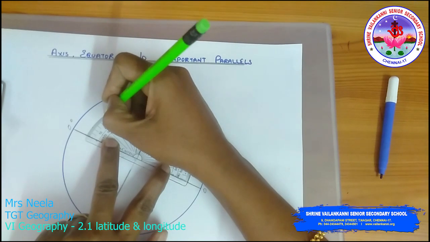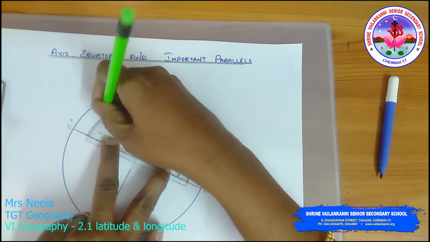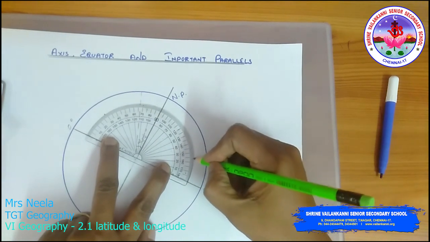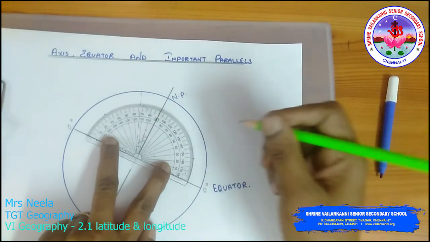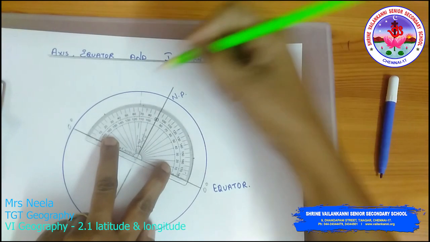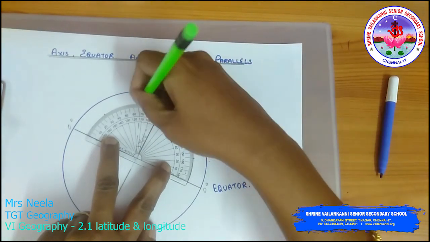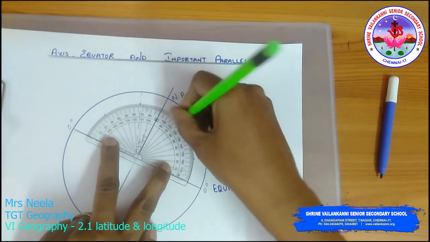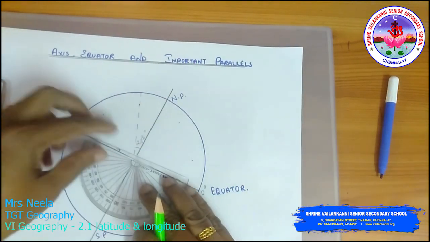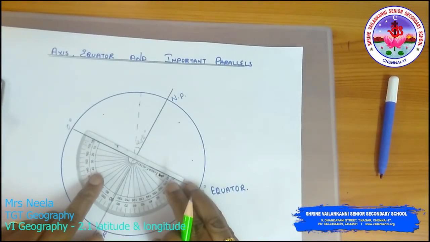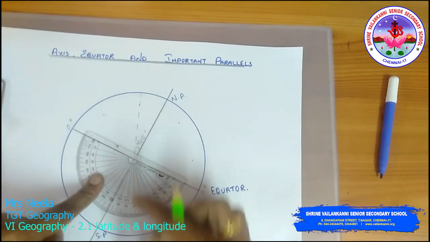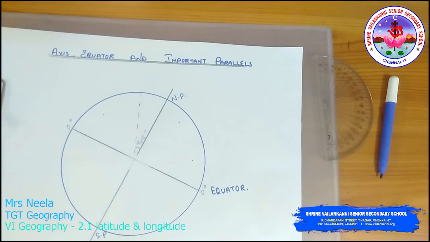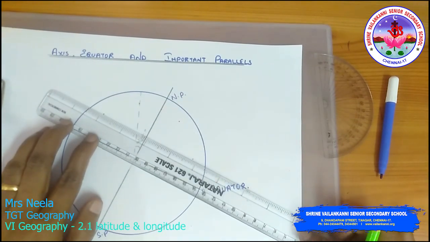Now mark 23.5 degree here and the 23.5 degree to the left and right of the axis, and then 66.5 degree and 66.5 degree here. In the same way, you can reverse this and mark 23.5, 23.5, 66.5, 66.5 and join the dots.